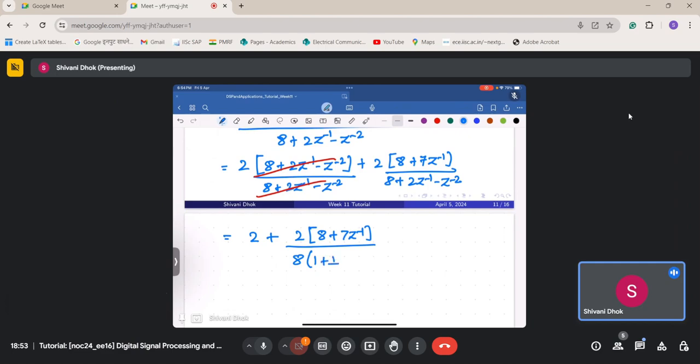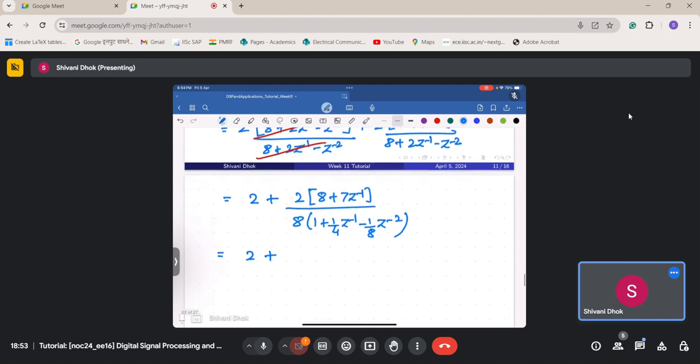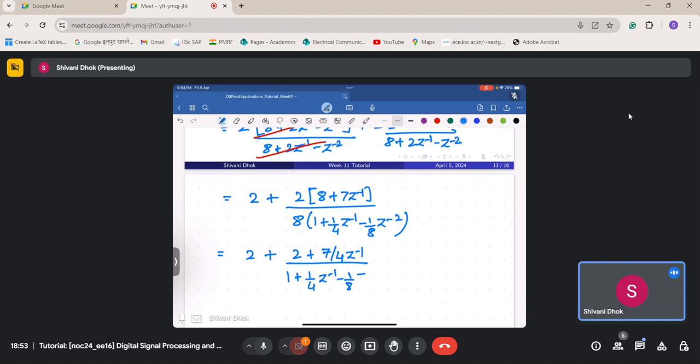So this will give me 1 plus 1 by 4 z inverse minus 1 by 8 z to the power minus 2, and this gives me 2 times (1 plus 7 by 8 z inverse) upon that.